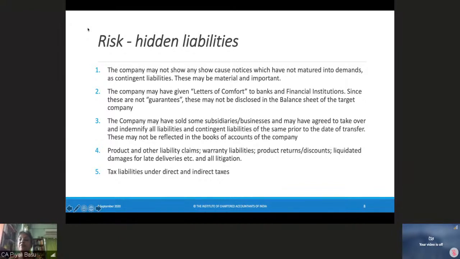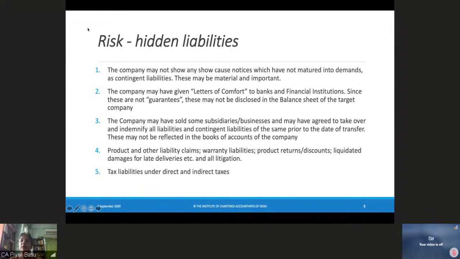The letter of comfort may materialize, isn't it? The other party may fail to pay the bank, and because the agreement is such that if that payer fails to pay, you will pay, it may materialize into an actual liability.